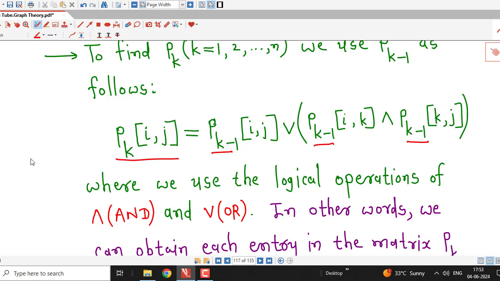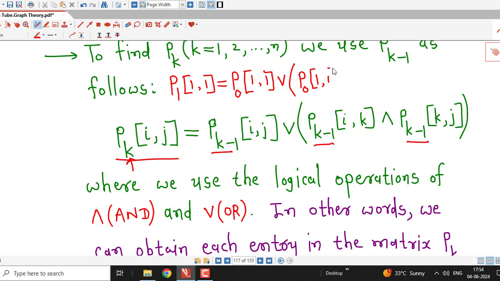Here i and j are both 1. I am interested in the 1 1 entry of P1. So that is going to be, if I take k equal to 1, P0 i j, or P0 i k and P0 k j. Here k equal to 1.